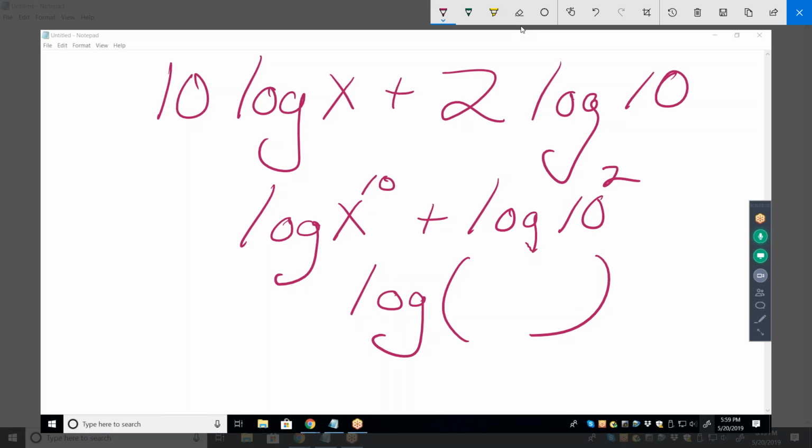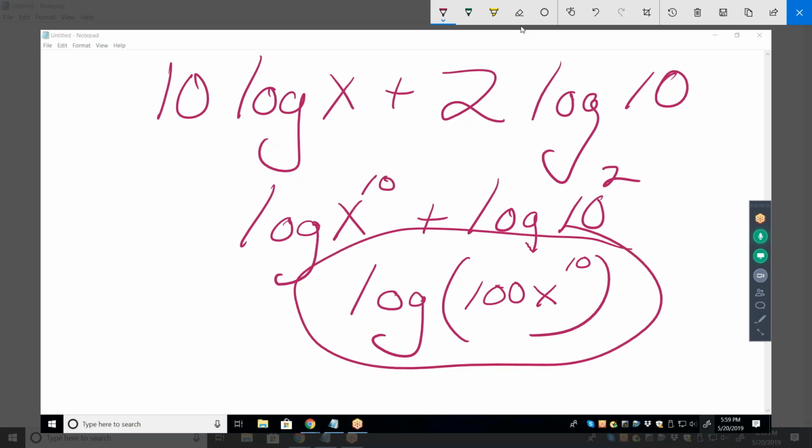The log statements are added, but what that translates to when you compress it is it gets multiplied in the argument. Well, first of all, what's 10 squared? 100. So it's 100 times x to the 10th power. Okay. There's your answer.